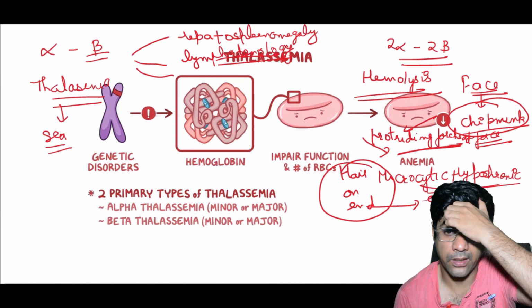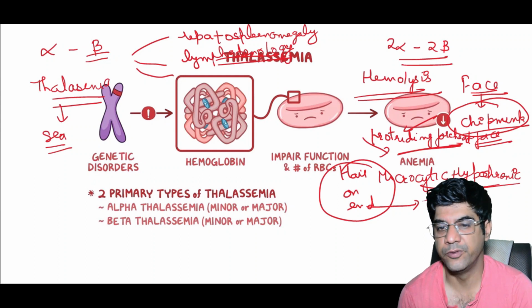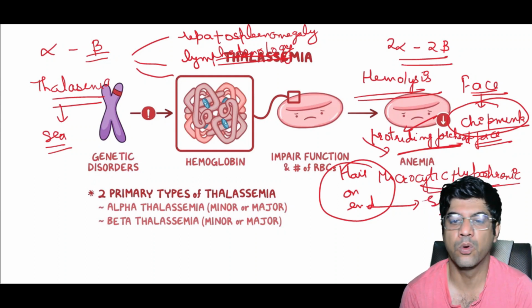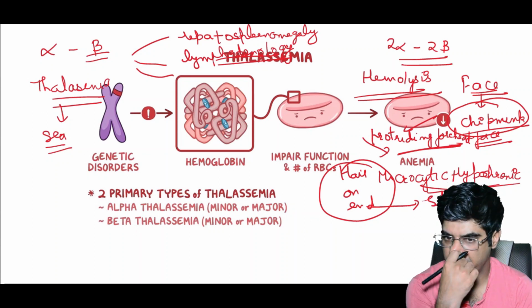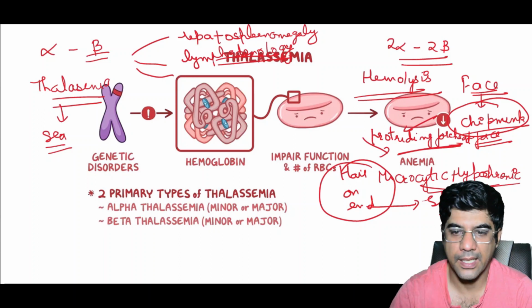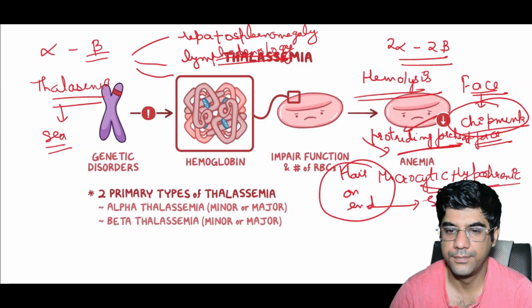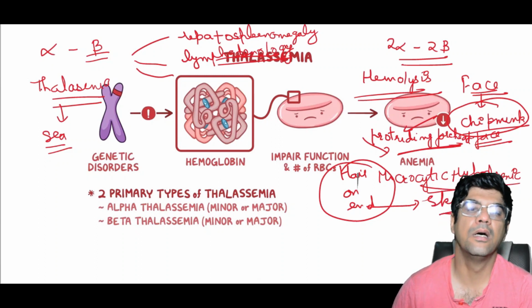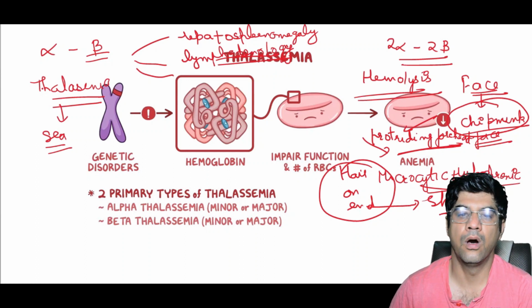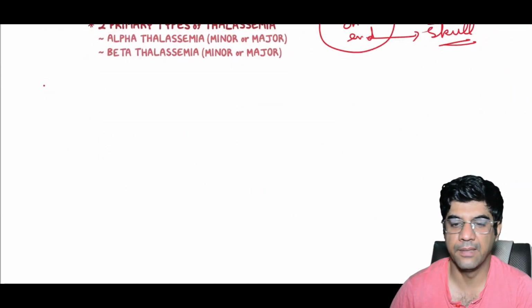The treatment we can do is regular blood transfusion to maintain the hemoglobin level, and iron chelation therapy to prevent iron overload from the transfusion. Now, alpha thalassemia or beta thalassemia, two types of thalassemia are there.